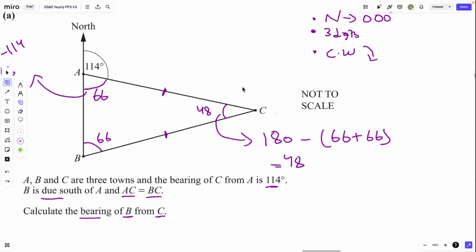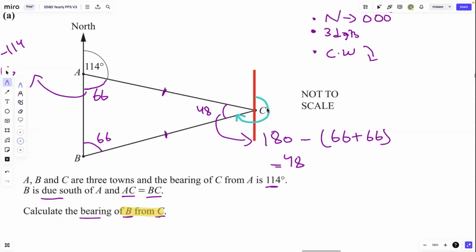Yes, so we're supposed to find the bearing of B from C. So we'll be making the north at C, because that's where we are supposed to calculate the bearing. And the angle that we are looking for here is this complete angle from C to B.